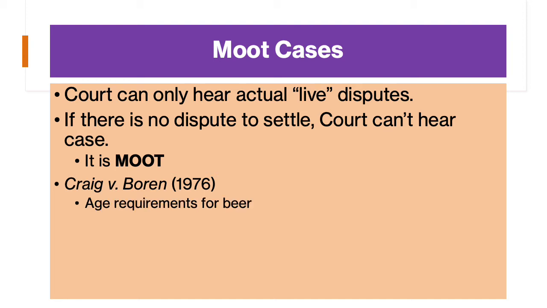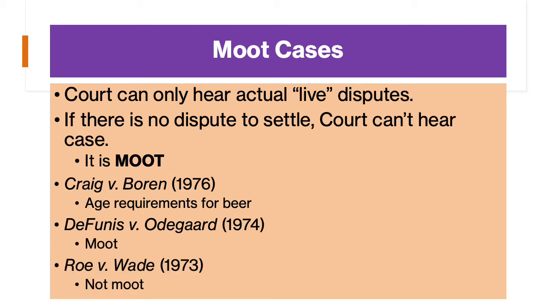Now, let me give you some examples of cases that raise the issue of mootness, okay? Now, I know several of you students took my sex, power, and public policy class last semester, who are in this class this semester. And so I wanted to, and this is good for other students as well, remind you of the crazy case, Craig v. Boren.